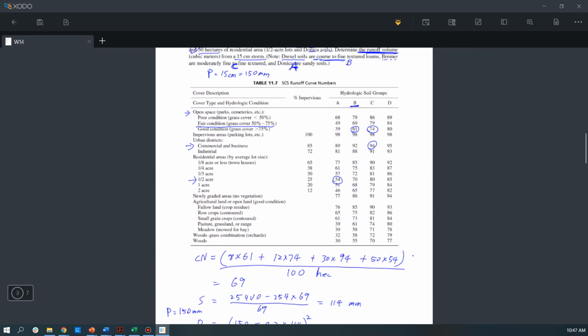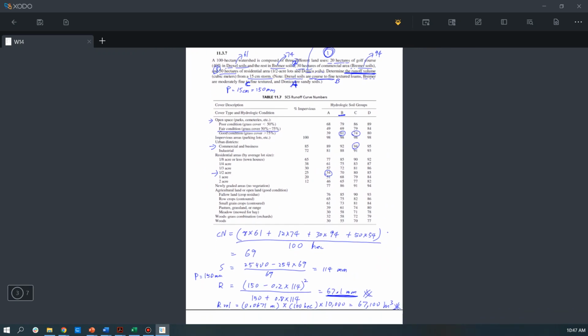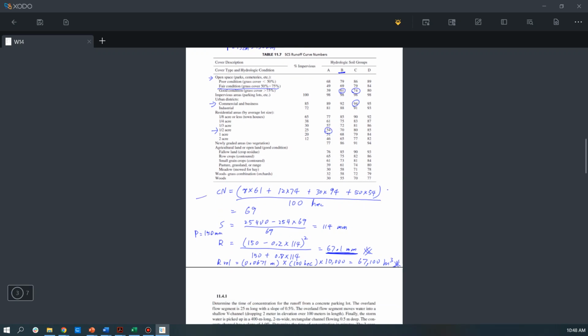Okay, so basically this problem uses exactly same procedure as the previous one, but with more combination to calculate with more complex land cover and soil group. So we just need to identify all those things using the table 11.7 and calculate the area averaged curve number for this region.